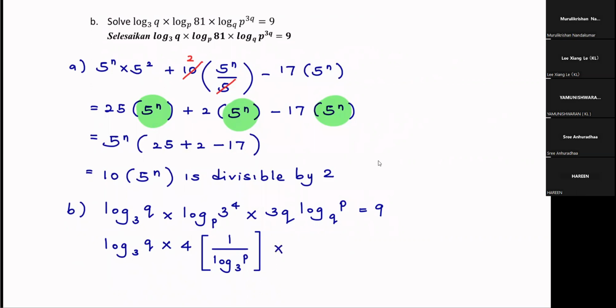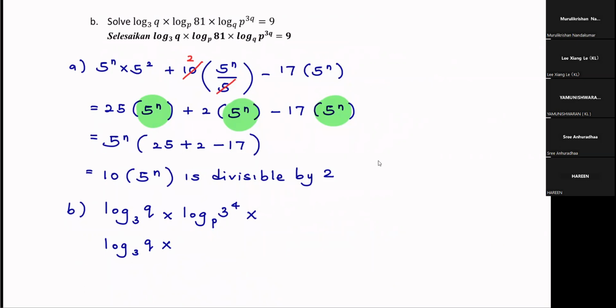Times. Wait, guys. 3P log 3P log 3Q log P Q. Okay, I think this one's to the same log. I can combine them. Okay, wait. Okay, I want to combine them. This is 18. P, this is Q over here.